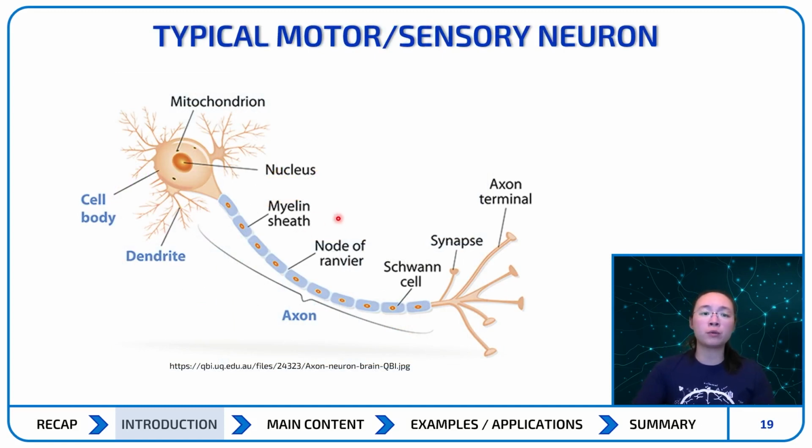So a typical motor and sensory neuron would then have your Schwann cells creating a myelin sheath. There are many, many myelin sheaths along the axon, but in between each of these sheaths is a gap called a node of Ranvier. So it's important to understand what is happening in the axon in terms of the contributions from your Schwann cell.